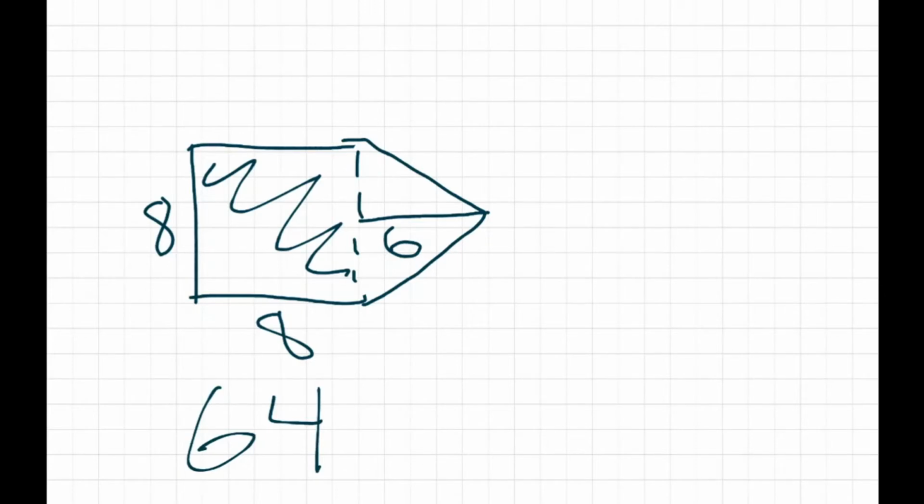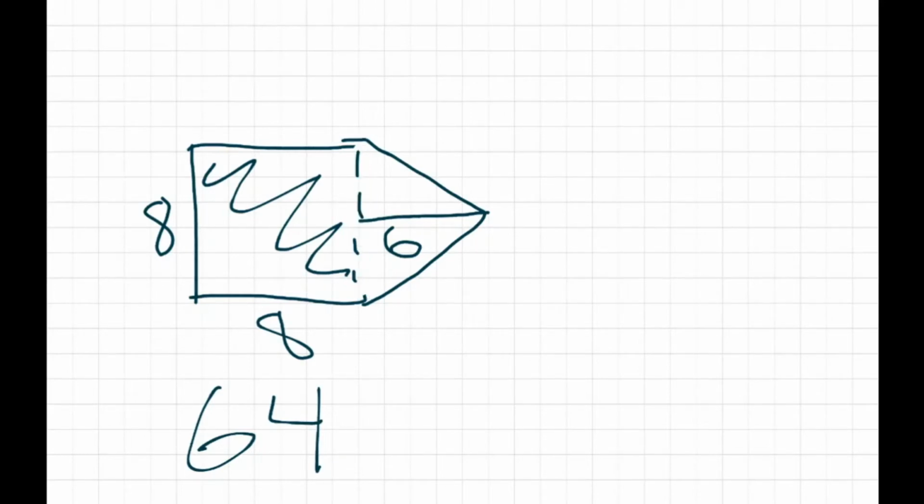And then the area of this triangle bit, we know the base is equal to 8 because it's connected to the square, and all the side lengths of a square are equal to 8, and we can see that this side is the side of the square, which is also the base of the triangle.